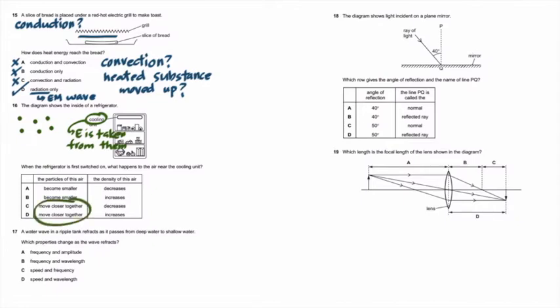The other column will tell exactly which one. The density is equal to mass per volume, and here we see that density is inversely proportional to volume. When air cools down, the particles move closer and therefore occupy a smaller volume. Therefore, density increases, explaining why they move downward. Our answer is D.